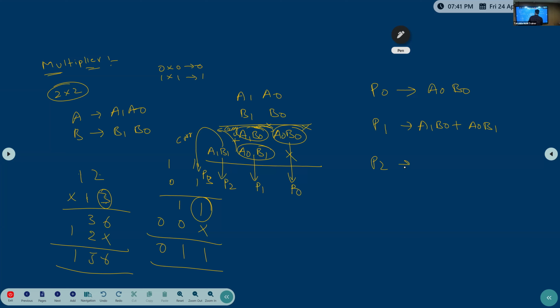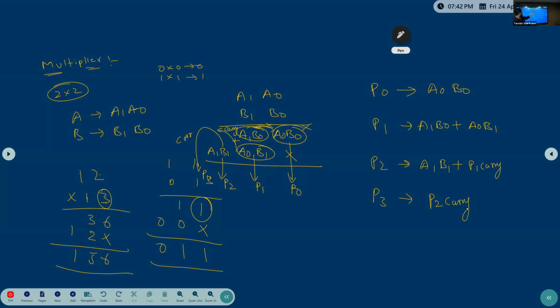P2 equals A1 B1 plus P1 carry. Okay. P3 equals directly P2 carry. That's it. Clear? Any doubts?